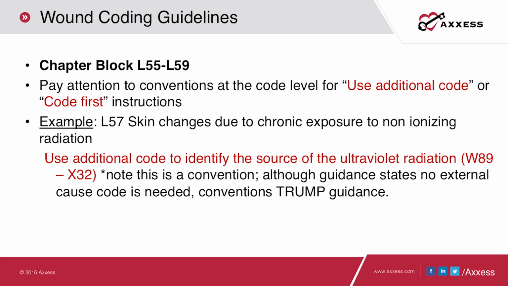Although the guidance will tell you that no external cause code is needed, this convention tells you to identify the source of the ultraviolet radiation, and conventions in the chapter level trump general guidance in the front of the book, okay? So in this case, at the L57 category, we would want to know if this is ultraviolet radiation from, say, a tanning bed or some other kind of ultraviolet radiation.